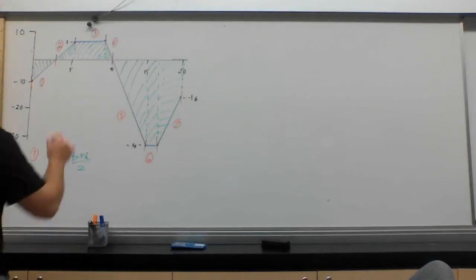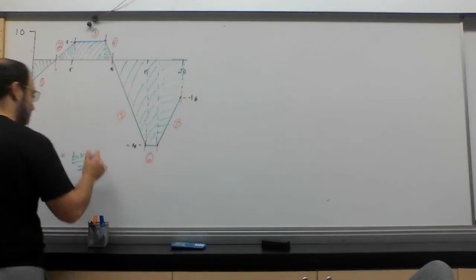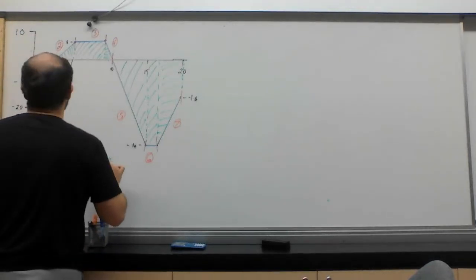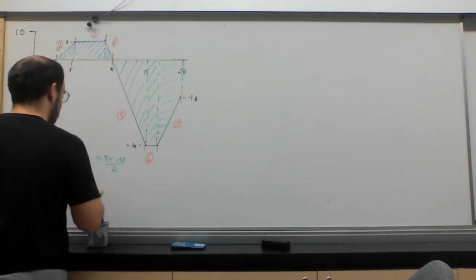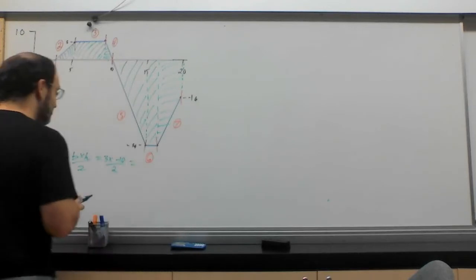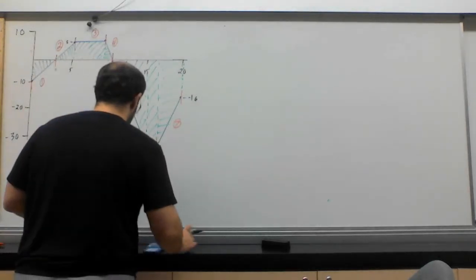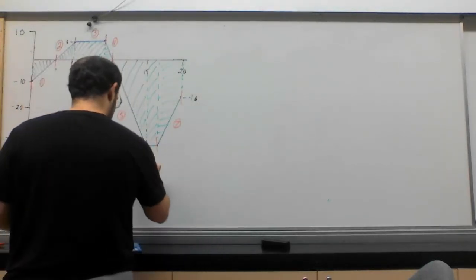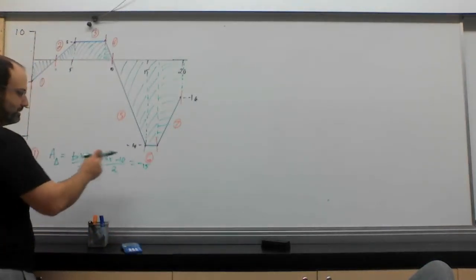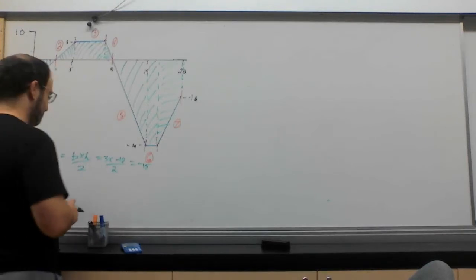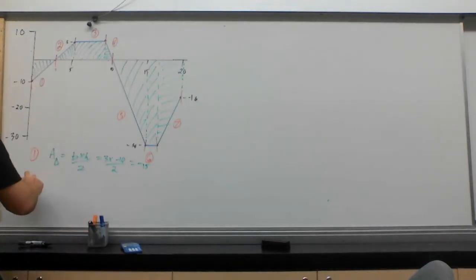Yeah, about 3. It's technically a little bit less, but this is about 3. So we're going to look at 3 times a height of -10 divided by 2. The negative is critical because that negative is what will make it so my area itself is a negative. We're going to get -15, right? Because 3 times 10 is 30, divided by 2, 15. Okay, so that's the first one.